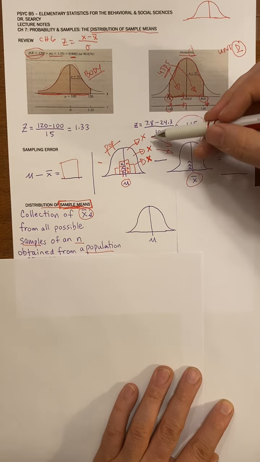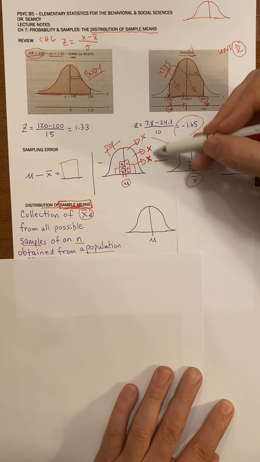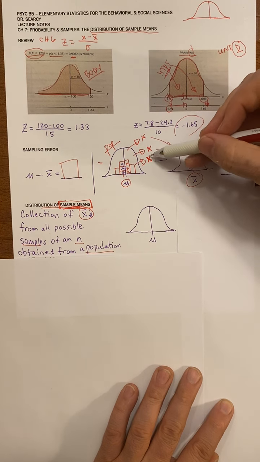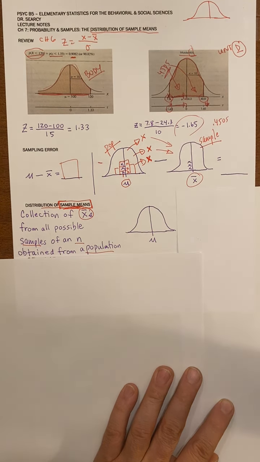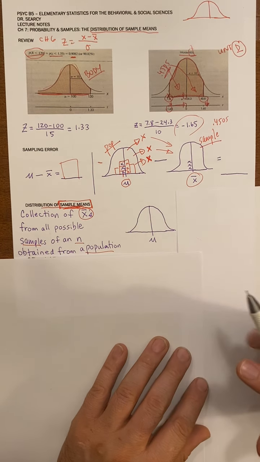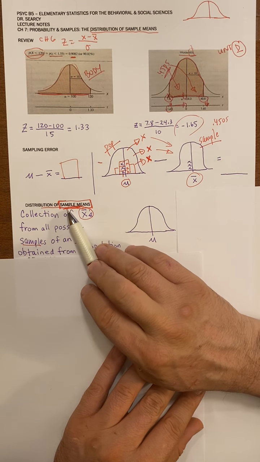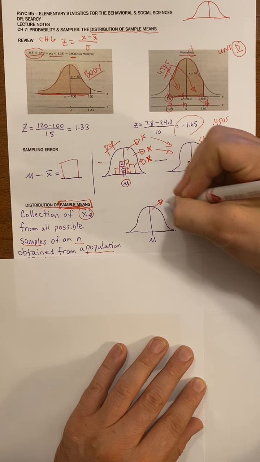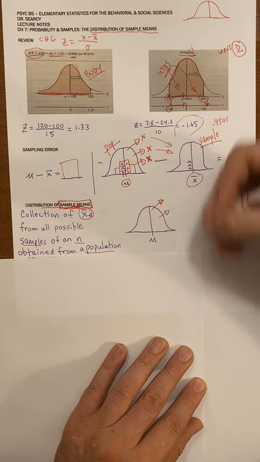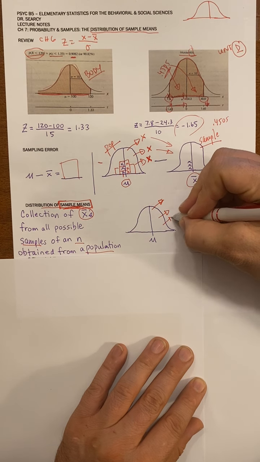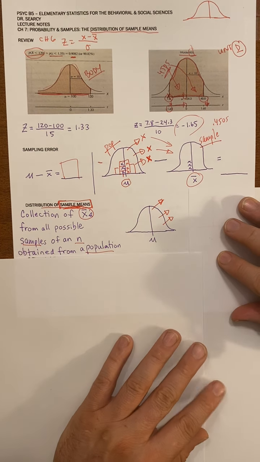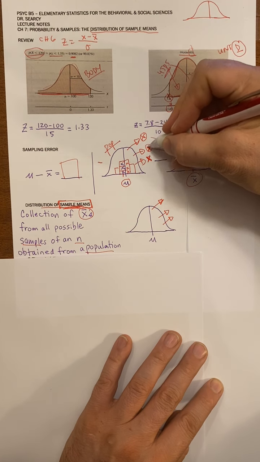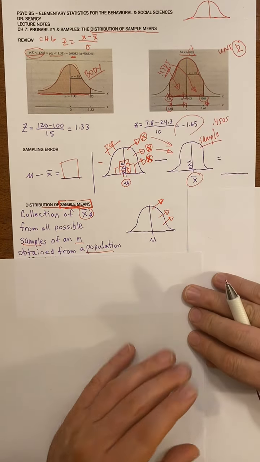So before, we were pulling out individual participants and making a distribution of those individual participants' answers. Now, what we're going to do when we collect a distribution of sample means is we're still going to pull something out of the population. But this time, it's not going to be just an individual participant at a time that we're going to pull out.